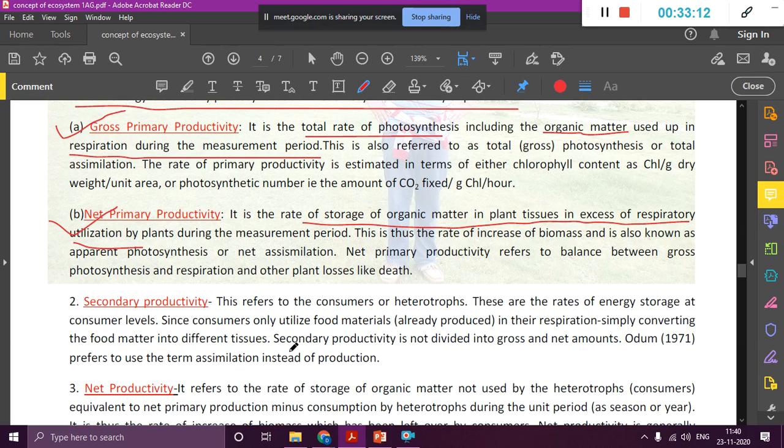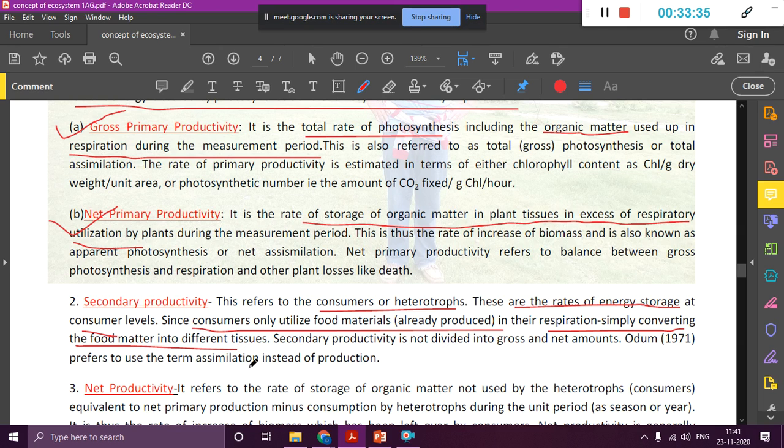Then you have the secondary productivity. This refers to the consumers or heterotrophs. These are the rates of energy storage at consumer level. Since consumers only utilize food material already produced, their respiration is simply converting the food matter into different tissues.